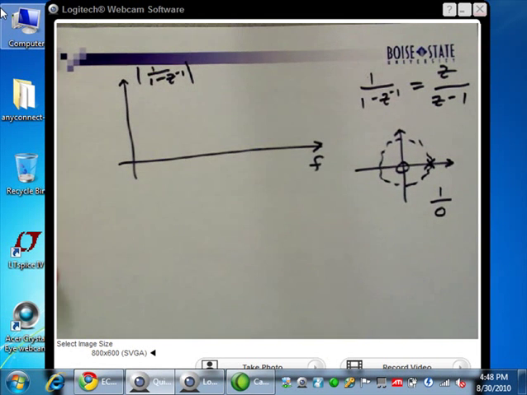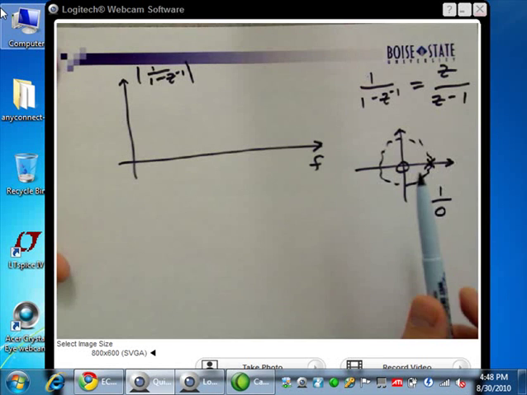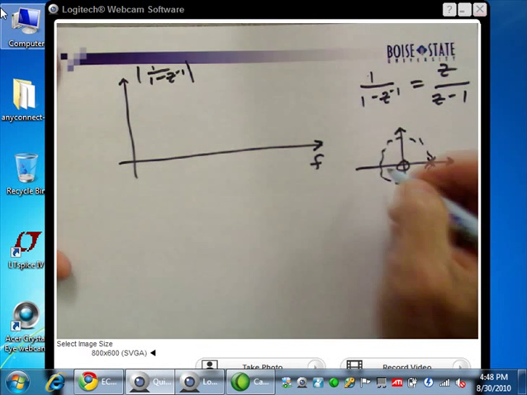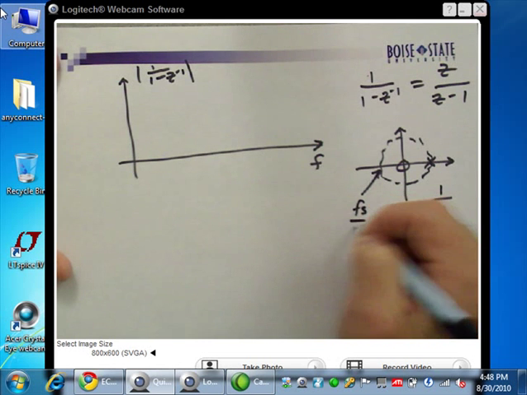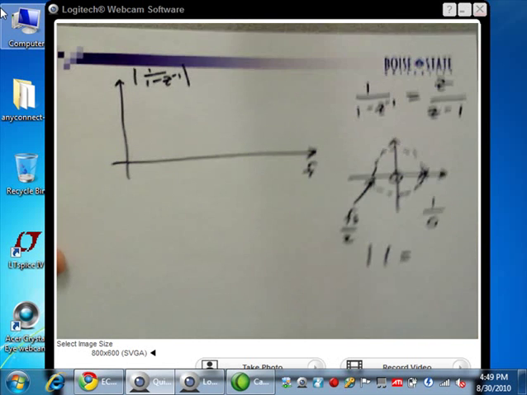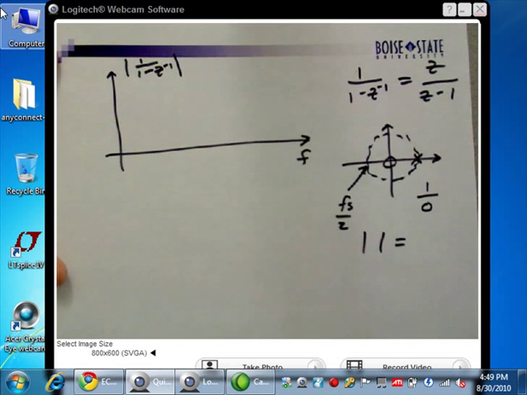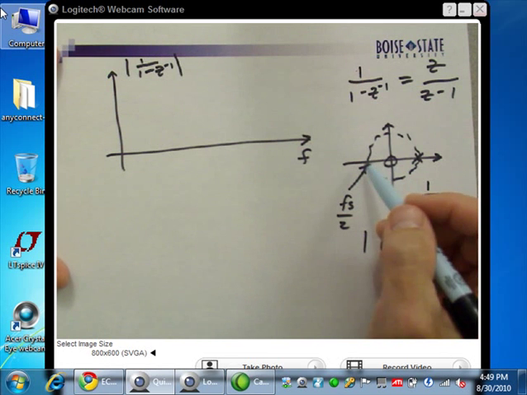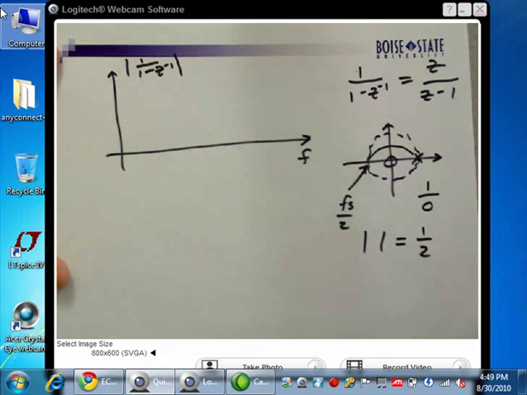Okay. So it blows up. So when I plot, what is it over here? What's the response over here at f sub s over 2? What's the magnitude of this equal to? 1 over 2. The distance away from the 0 is 1. The distance away from the pole is 2. I get 1/2.